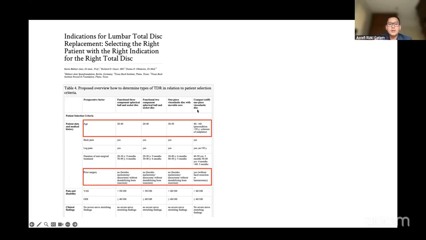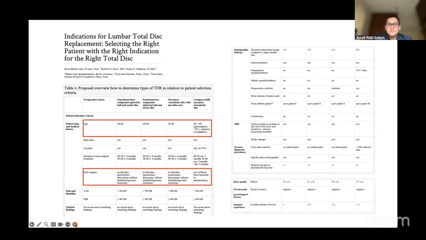There's one compact one-piece viscoelastic disc, because in that old age there is probably some facet degeneration. And whenever there are prior surgeries, especially at the back, when there is a facet resection or facet arthropathy, then it is also relatively contraindicated with the ball and socket implants.